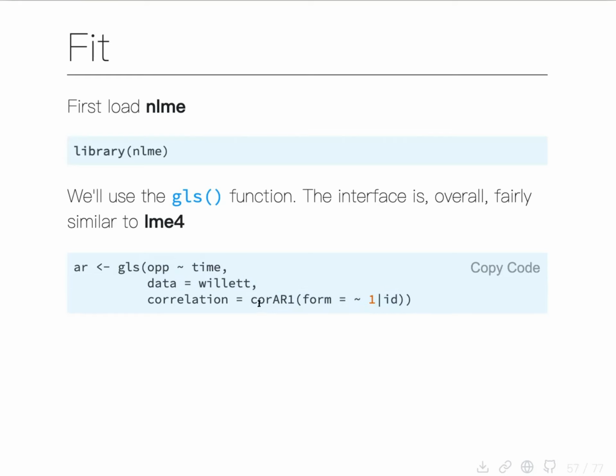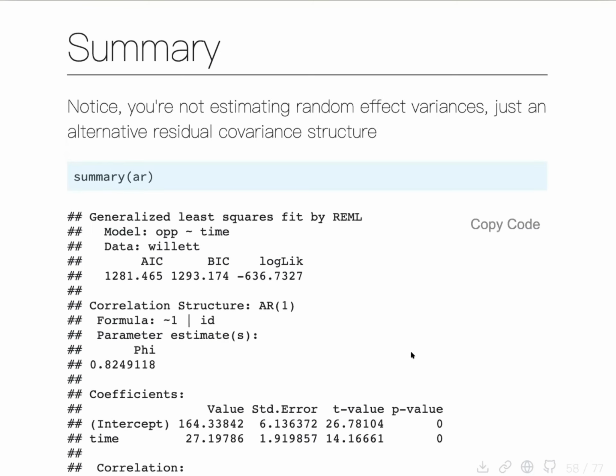Are there questions on this sort of syntax? Because we're saying by ID, we're going to estimate this autoregressive structure where the block diagonal is going to be specified by ID. So after you do that, you can call summary on your object.